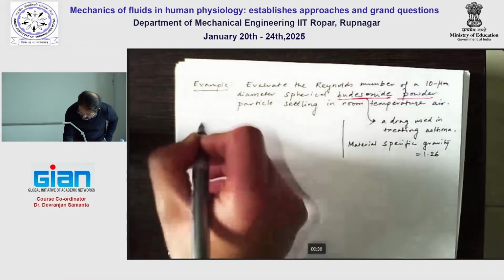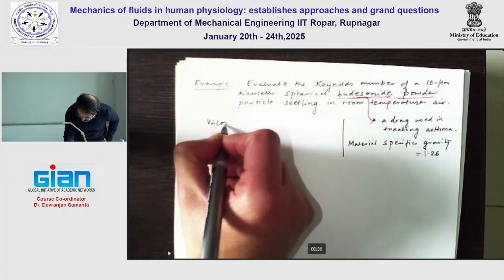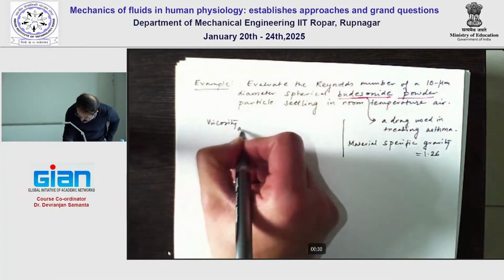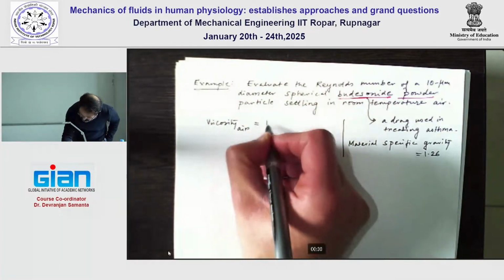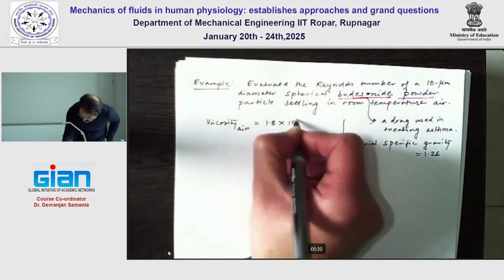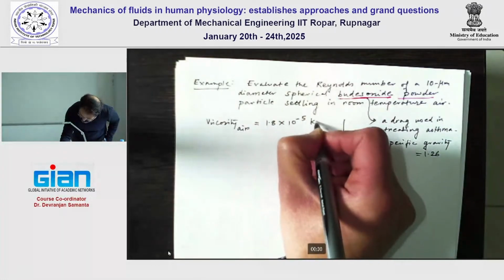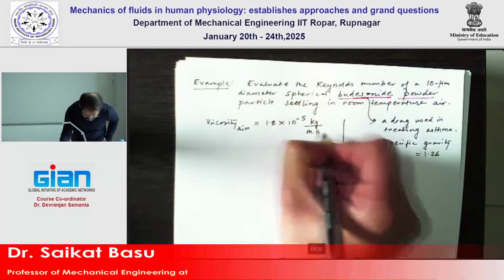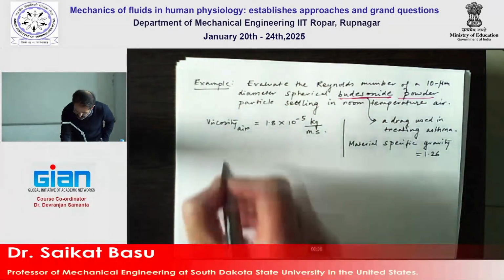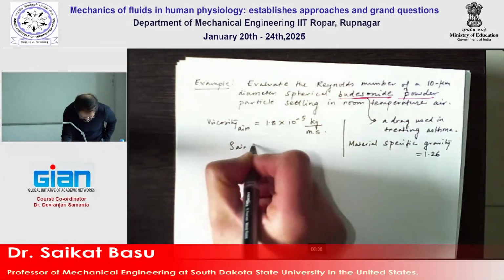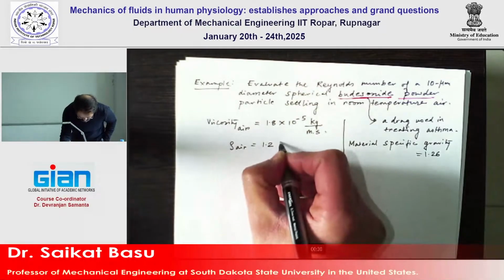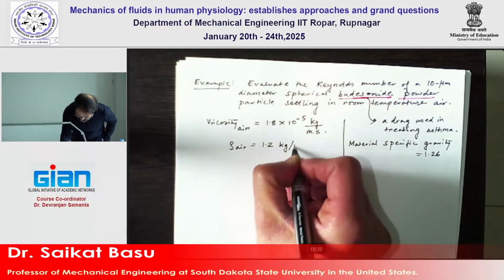The viscosity of air, which you need to know, is 1.8 times 10 to the power of minus 5 kg per meter second, and the density of air is 1.2 kg per cubic meter.